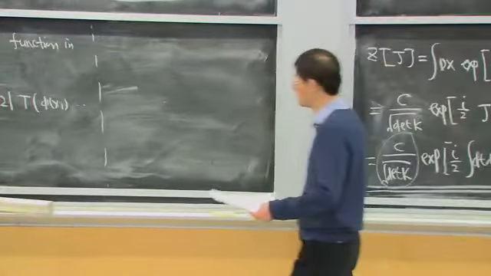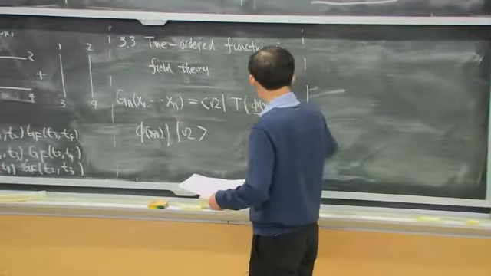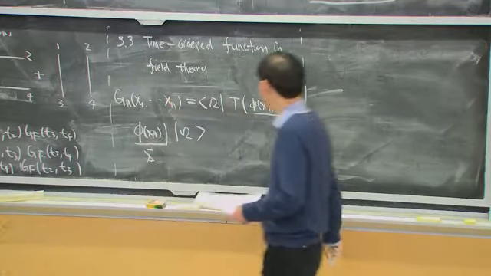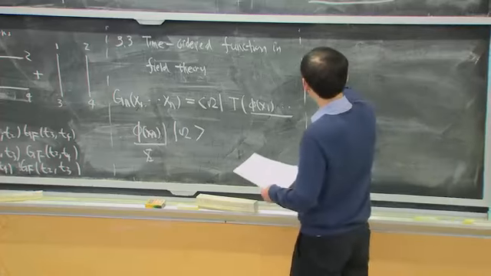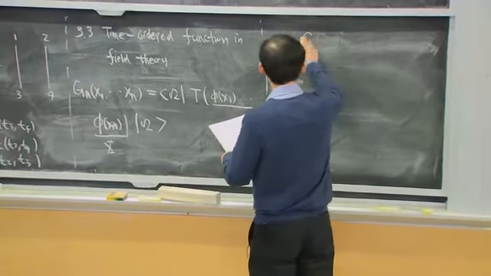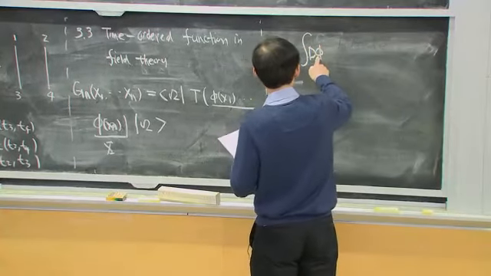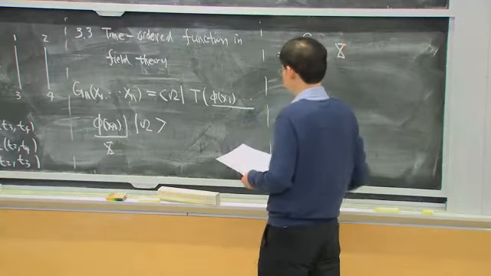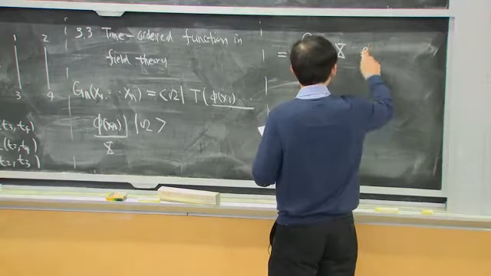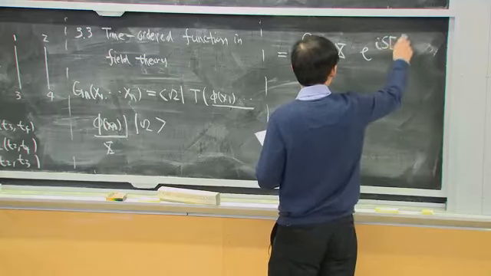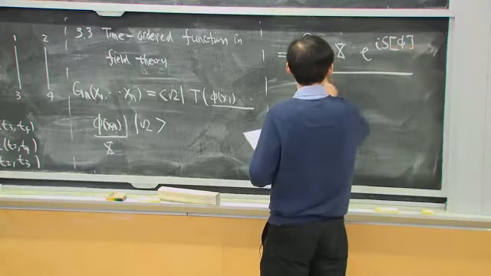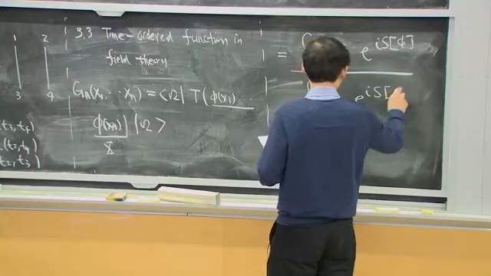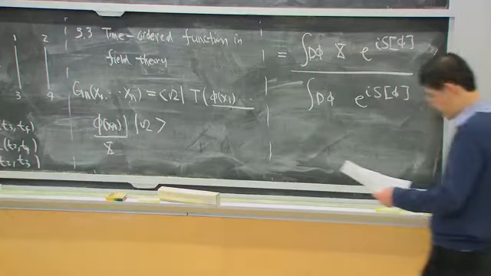Now we can immediately write down the answer in field theory. Just replace dx by d phi. Then you have this capital X, with e to the i S of phi, divided by the integral of d phi without X.